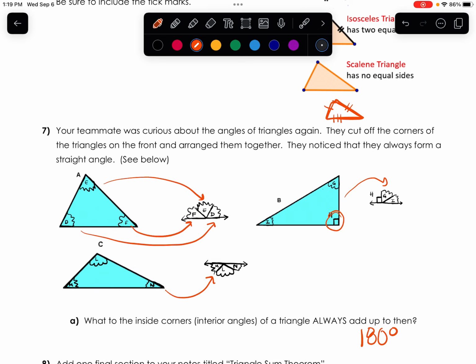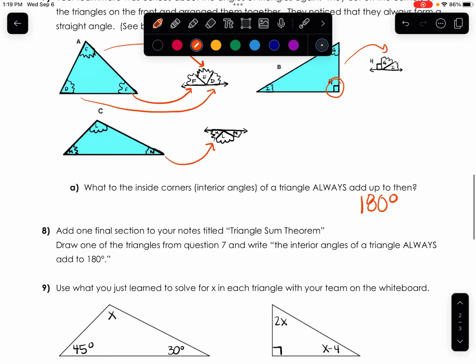So it doesn't matter what type of triangle. It can be acute, obtuse, or right. It doesn't matter about the side lengths. They can be scalene, isosceles, or equilateral. You will always have those inside corners, those interior angles add up to 180 degrees. So the last thing we're going to put in our notes is the triangle sum theorem, because we're talking about triangles. Sum means add. Theorem is just like a math idea.